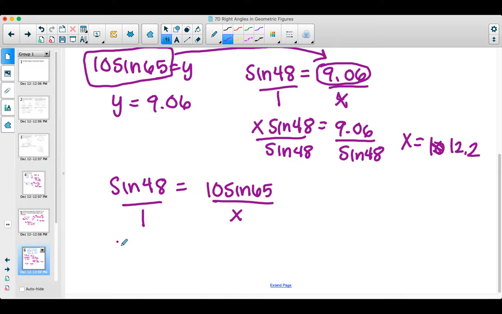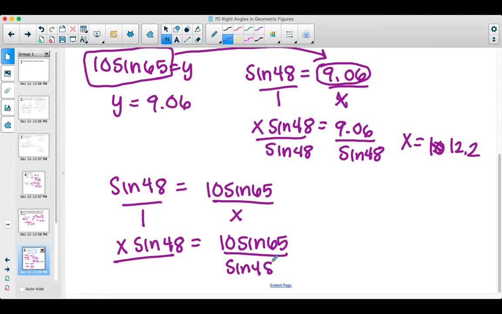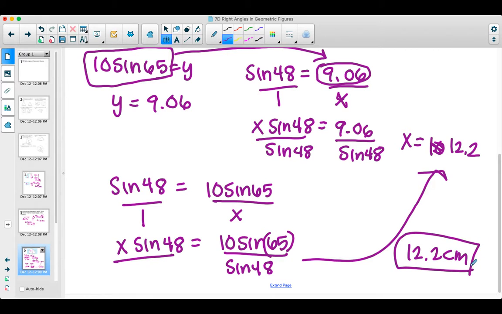So then this is going to say x sine of 48 is equal to 10 sine of 65, and then divide both sides by the sine of 48. And when you type this into your calculator, this is going to open a parenthesis. So just make sure to close the parenthesis after you put 65 before you divide by the sine of 48. But then that's going to give you a more exact answer of 12.2. So it's 12.2 centimeters is your answer there.